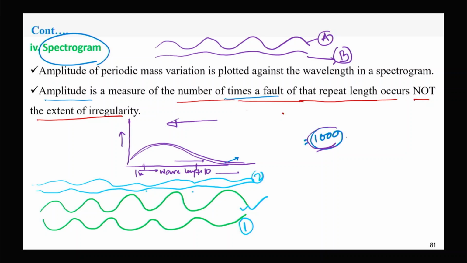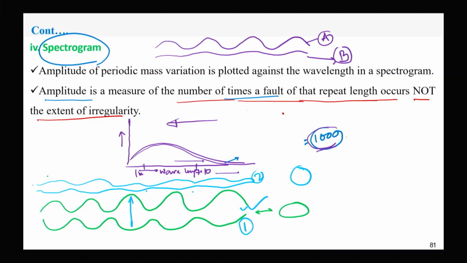So yarn 1 and yarn 2 have the same wavelength, but the extent of defect is much more. This normally occurs due to, say, eccentricity. One roller is having very small eccentricity. Another roller which is forming yarn 1 is having very high eccentricity. But the roller diameters are same. Due to higher eccentricity, the extent of irregularity is more.